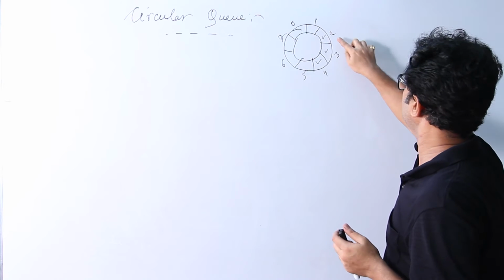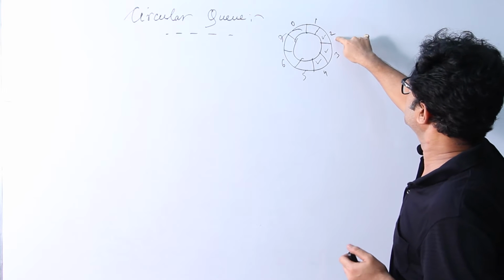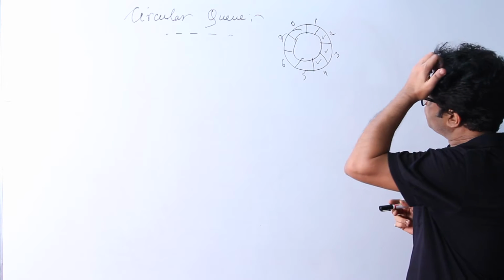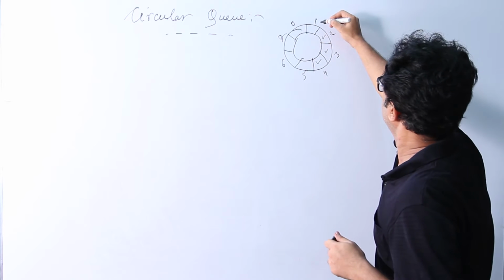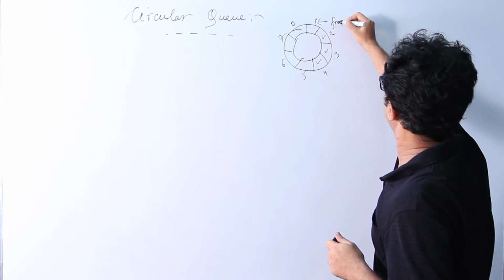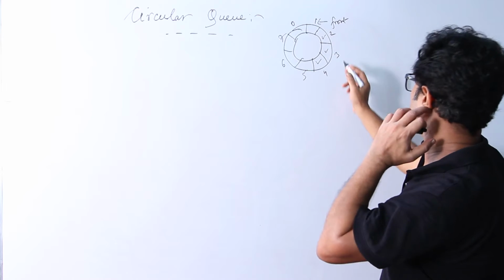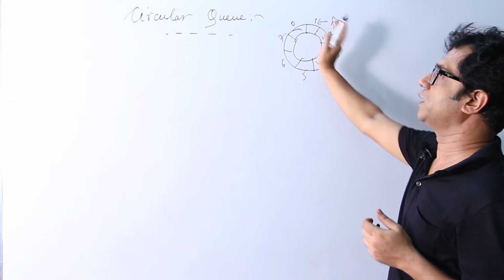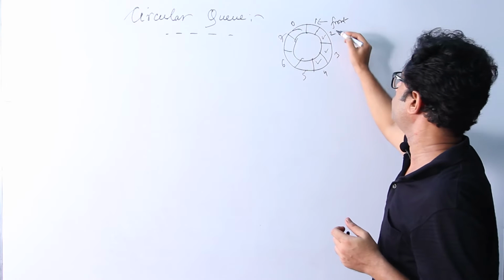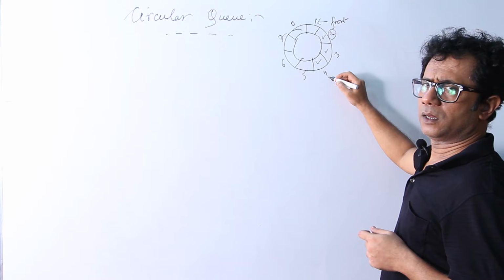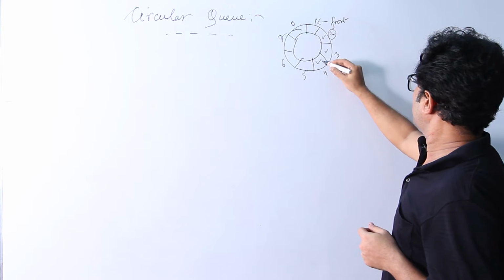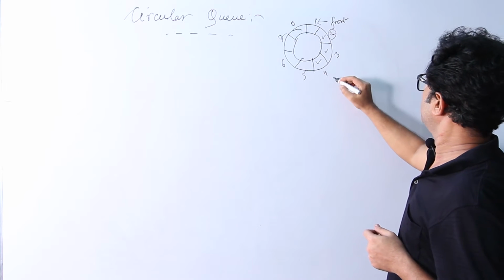The beginning index of the queue is in this case 2. So the front in our example will be this one. Front will contain the value 1 because this is 1 less than the beginning index of the queue, which is 2, and rear will be nothing but the index of the last element in the queue.